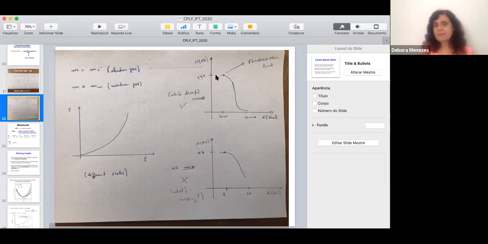This here is not one star. This is a family of stars. For each point, we have one star with its respective radius. For the white dwarf, everything is fine, but for the neutron star, it's not fine.